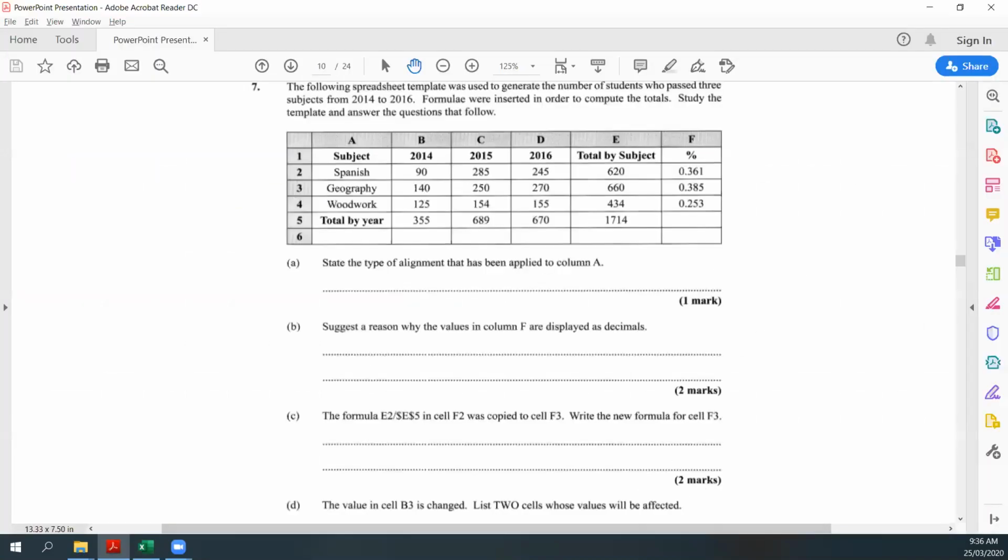All right. And part D of the question: the value in cell B3 is changed. List 2 cells whose values will be affected. So based on the information we have here, which is just this spreadsheet, the value in B3 changed. That's the value of the geography in year 2014. So which 2 cells would be affected based on this?